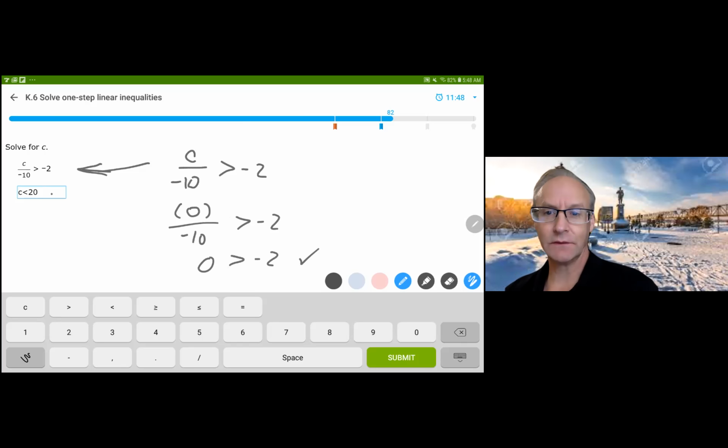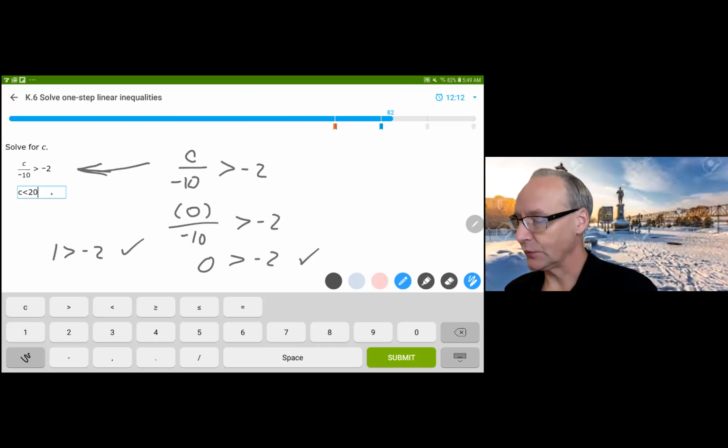I like using 0 for a test point in a lot of my videos. I'm going to show you that that's the case, but I didn't have to use 0. I could have used any number less than 20. For example, I could have chosen 10, and I could have chosen any negative as well. If I chose -10, we would have gotten -10 over -10 is 1 is greater than -2, and it's also true.